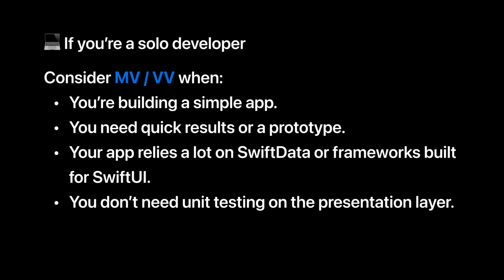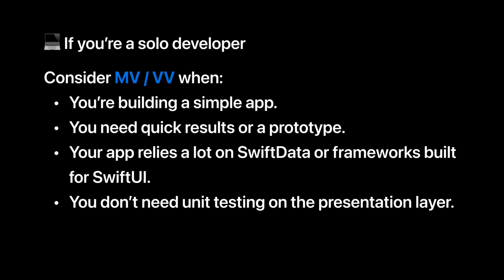If you want quick results, for example, if you're building a prototype app or a complete but simple app, I recommend going with MV pattern, especially if you are a beginner. Because in MV pattern, you can directly access many frameworks built for SwiftUI, like SwiftData, which you can't with MVVM.